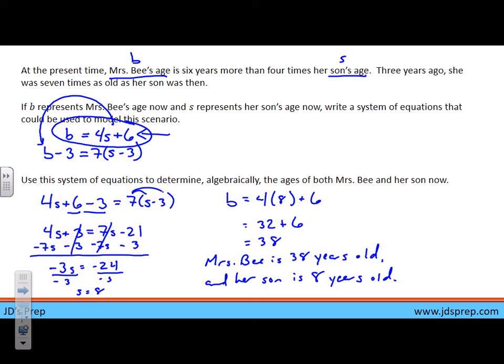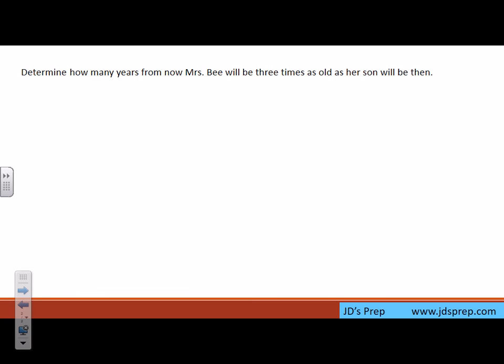The reason we want to keep that in mind is because of this next part of the problem, which is asking us to determine how many years from now Mrs. B will be 3 times as old as her son will be at that time. So if you think right now, Mrs. B is 38 years old, and her son is 8 years old.